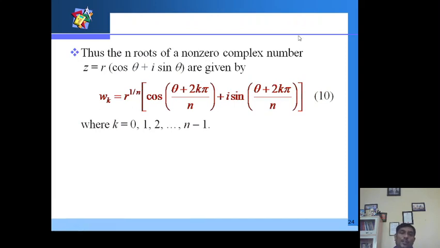Thus, the nth root of the non-zero number z is equal to r into (cos theta plus i sin theta) can be expressed as r power 1 by n into cos of (2k pi plus theta) divided by n plus i sin of the same. Also we can express it as cis, meaning cos plus i sin, of (theta plus 2k pi) divided by n.